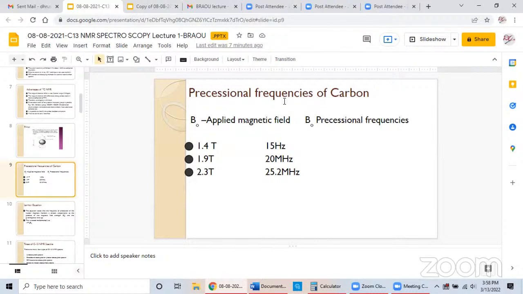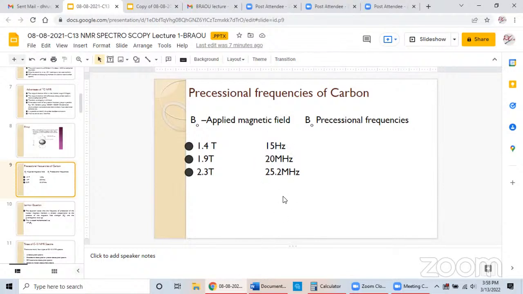See, I told you carbon's magnetic moment is around 1/4 of proton. Similarly, precessional frequencies are also directly proportional to the magnetic moment, so they are also less than the precessional frequencies of proton. At the same applied magnetic field, proton has roughly 4 times the precessional frequency of carbon.